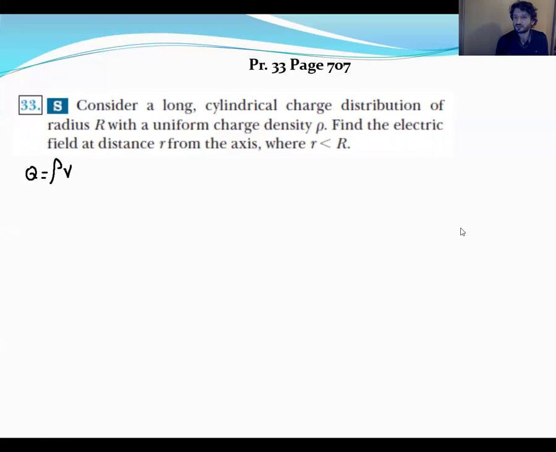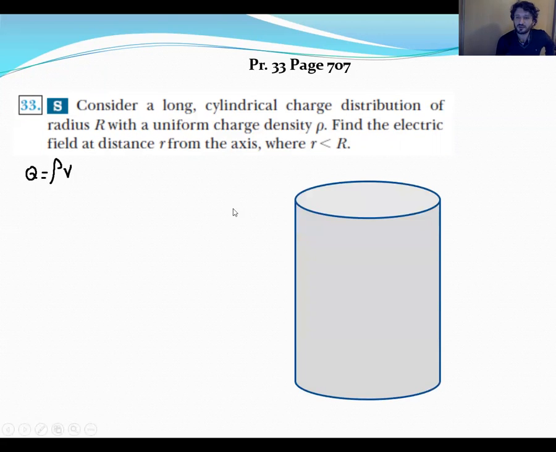Let's draw the cylinder here. This cylinder has a radius equal to R. Here we don't have a shell like the last example problem. We have a cylindrical object. It's full, it's not empty, okay?